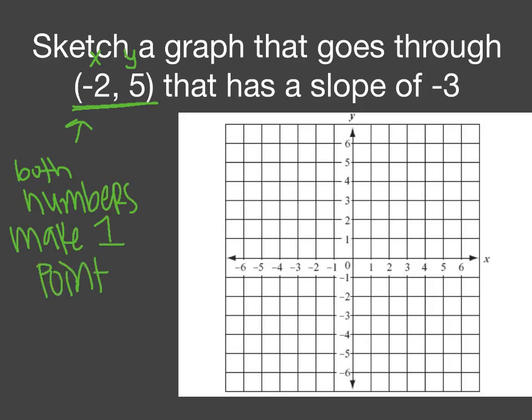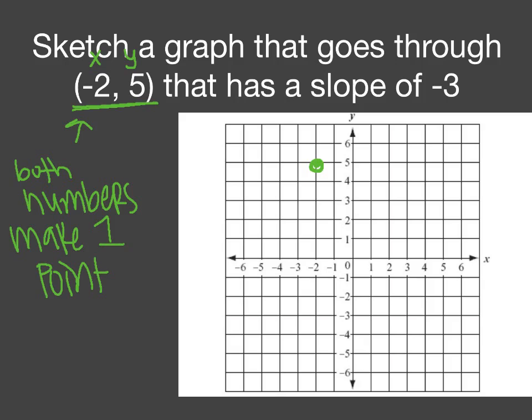So if my first number is x, on my x-axis I need to go to -2. My second number was y, so on my y-axis I need to go up to 5. So -2, 5 would be right here. Do you see how that's at -2 on my x-axis, and 5 on my y-axis? So that is the point I am looking at.